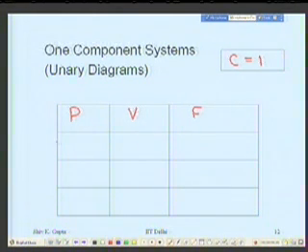I'll start with one phase. I cannot have a 0 phase. At least one phase would be there in the system. One component system having one phase, and what will be the variables? Variables we have already stated.